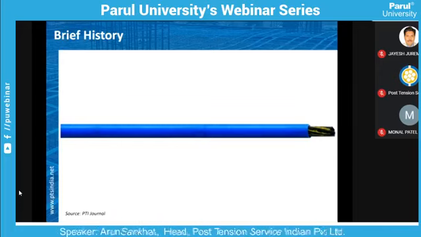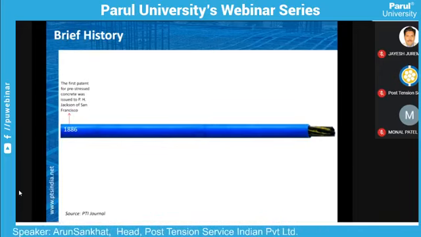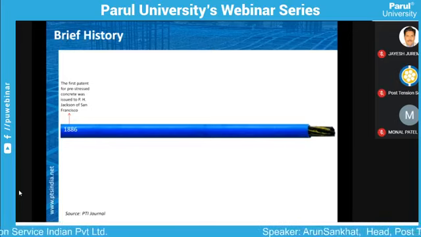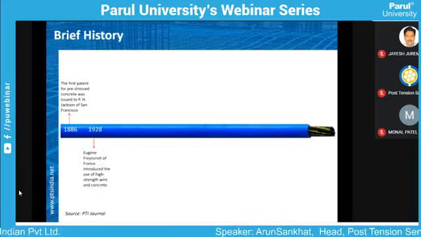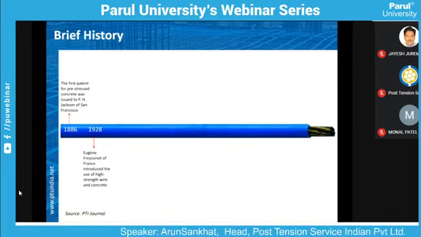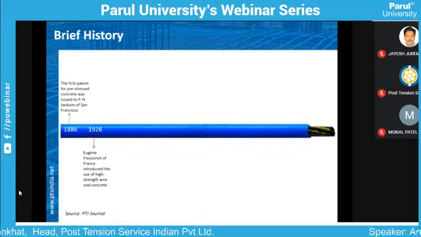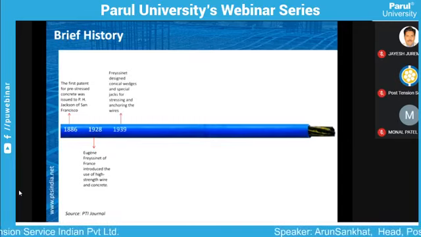This is a brief history of post tensioning. The first patent was registered by P. Ejections of San Francisco in 1886. Then in 1928, Freyssinet started playing with these schemes or fundamentals, and he used high strength wires and concrete, experimenting and using the technology on his projects.